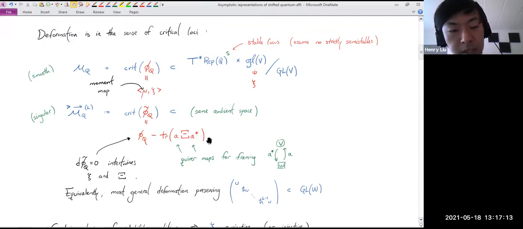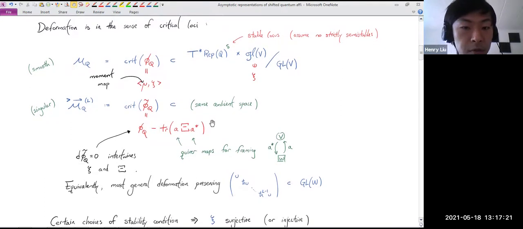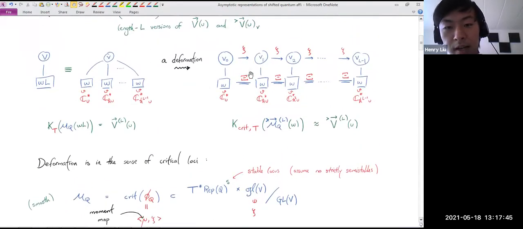But specifically what this term is, it's not so important. There are two ways we can interpret this term. The very concrete and very pedestrian way is it's the term which is necessary to introduce, such that if we take the critical locus, it will intertwine this new coordinate psi with these framing isomorphisms psi. So the act of intertwining these two is exactly what will create for us this moduli of quiver representations of things of this form.